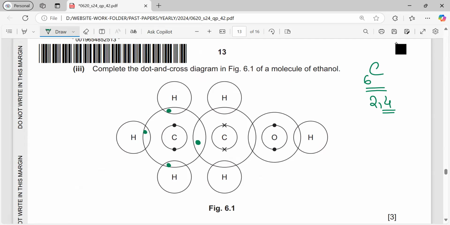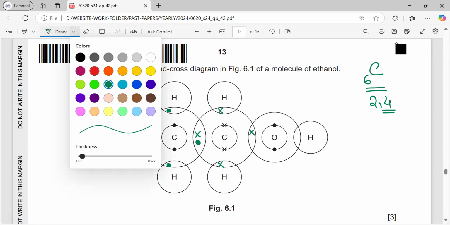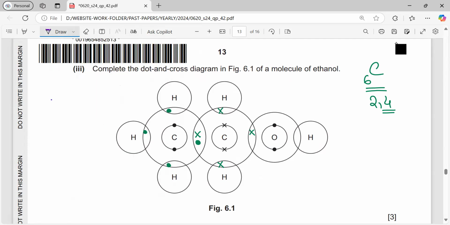For the other carbon also, it will be 1, 2, 3, and 4. For hydrogen, hydrogen has only 1 electron in the outer shell. So it will share 1 electron. Each hydrogen will share 1.